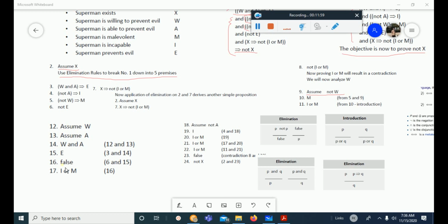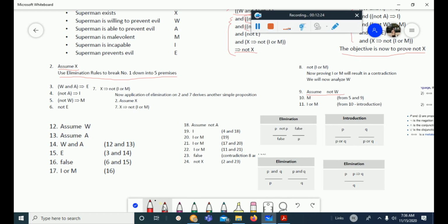So here we have got this as false. If we look back at 11, we have I, or we have got M here, and if M is true, then I or M is true, from the introduction.